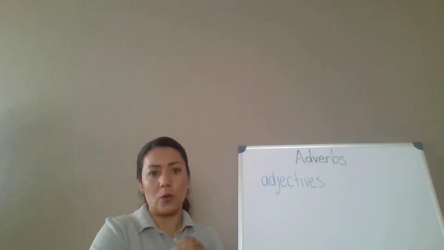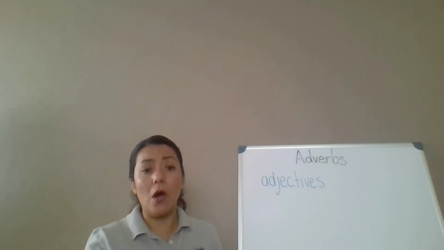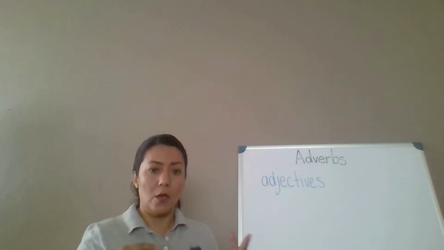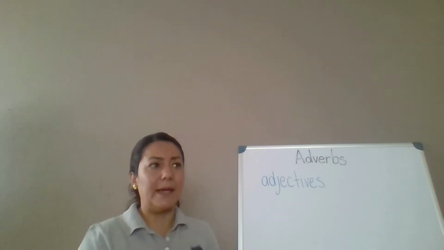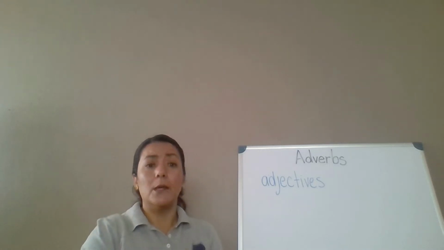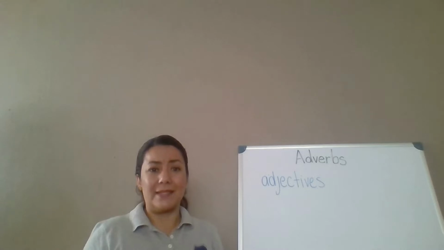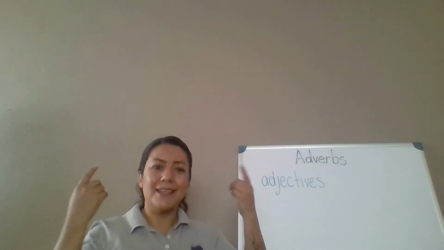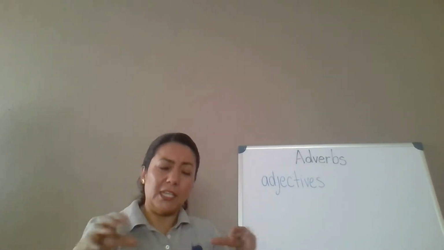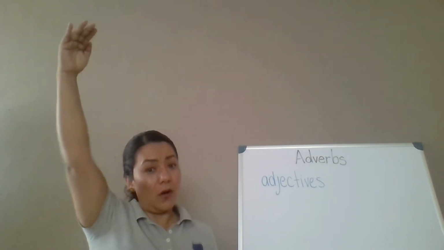We can also describe a dog by saying if it's brown, if it's small, if it's aggressive. We can describe a place by saying if it is big, nice. Okay? We could describe people by saying smart, grumpy, polite, short, tall.